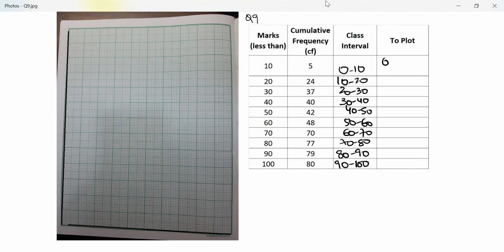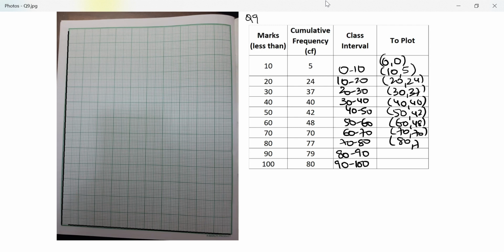I plot 0 with 0, 10 upper range with the cumulative frequency: 10 with 5, 20 with 24, 30 with 37, 40 with 40, 50 with 42, 60 with 48, 70 with 70, 80 with 77, 90 with 79, and 100 with 80.